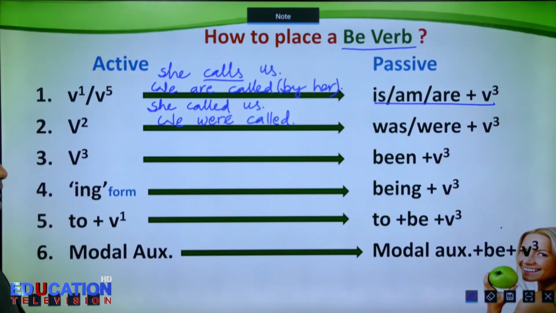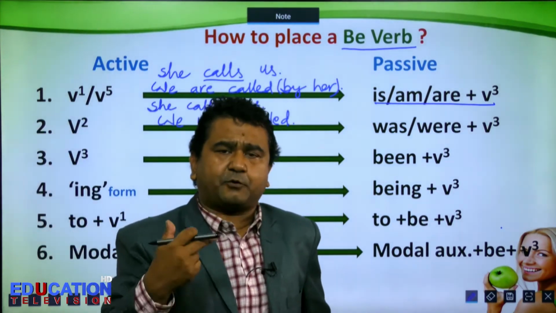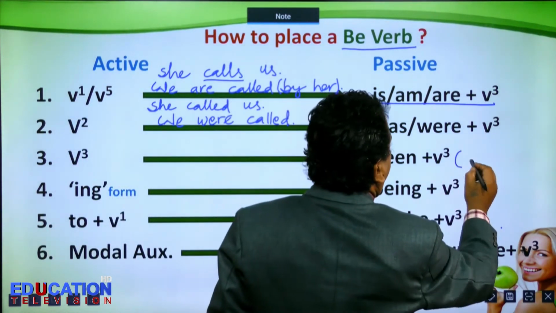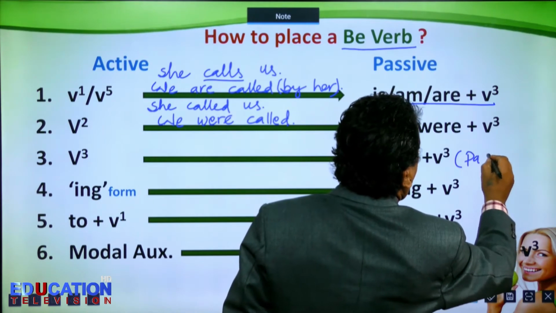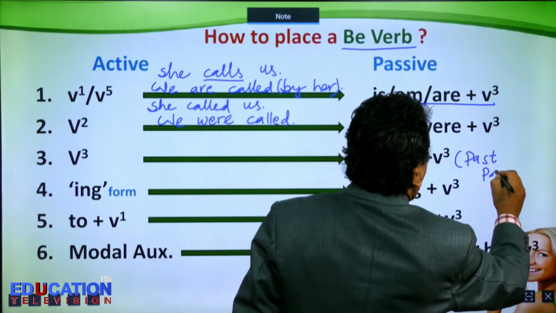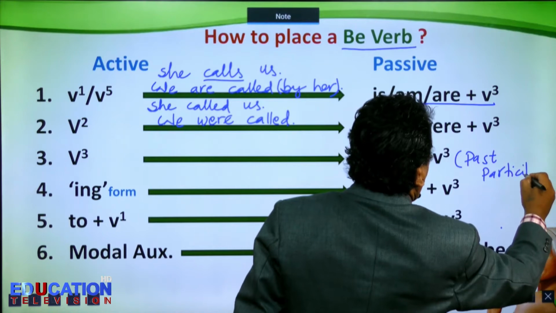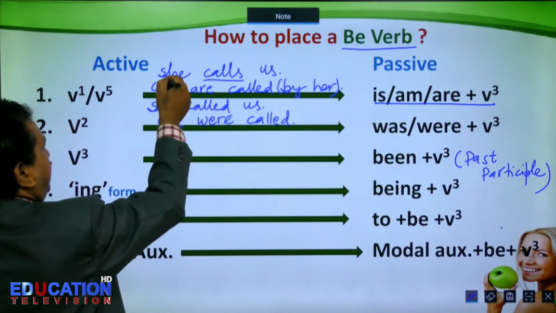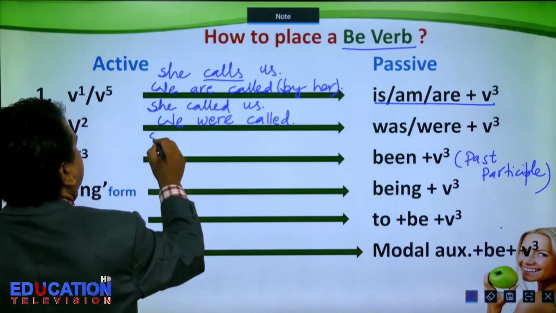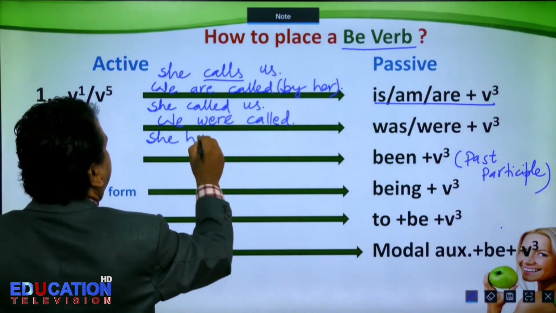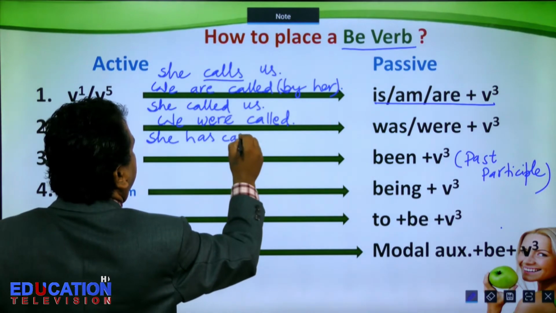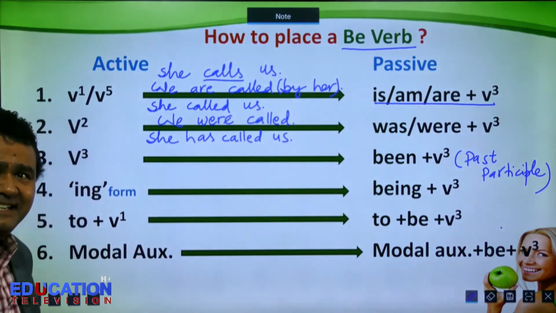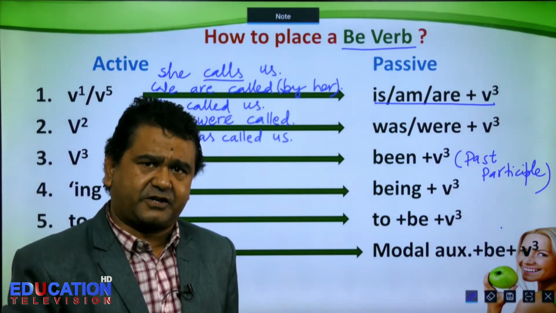Now V3. If there is V3, we have to write been. V3 means past participle. Remember, the another name of V3 is past participle. Now let us write the same sentence like this. She has called us.